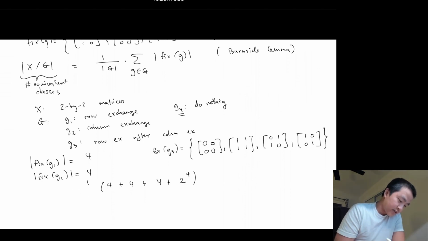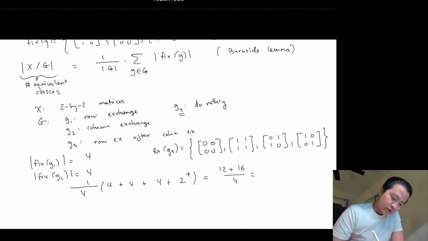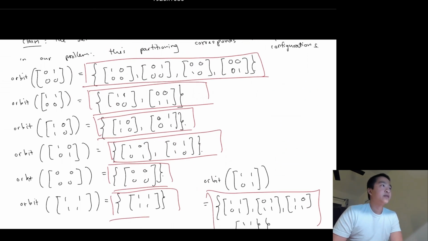So this should be 4, right? So there are 4 possible functions. So this would be 12 plus 16 divided by 4. 28 divided by 4, which is 7. Okay, so this checks out. So we have 7 equivalent classes here.